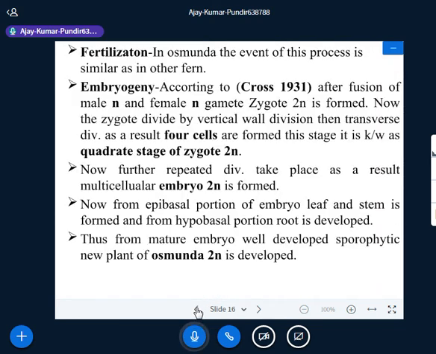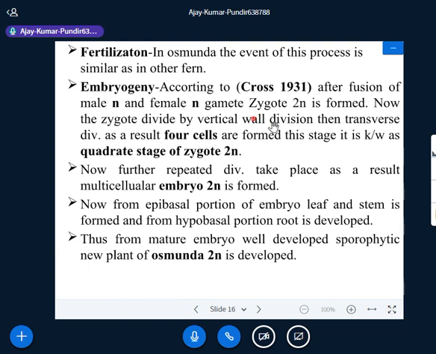Embryogeny, theoretically, according to Cross, has been well studied by Cross 1931. The development of embryo from diploid zygote is known as embryogeny, and it has been well studied by Cross 1931. After fusion of male haploid and female haploid, zygote 2n is formed.